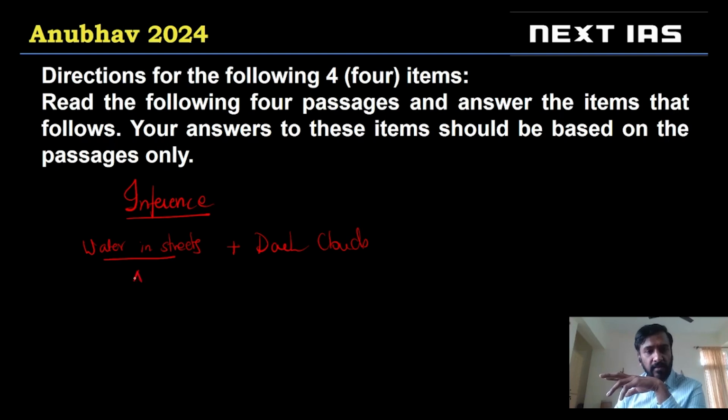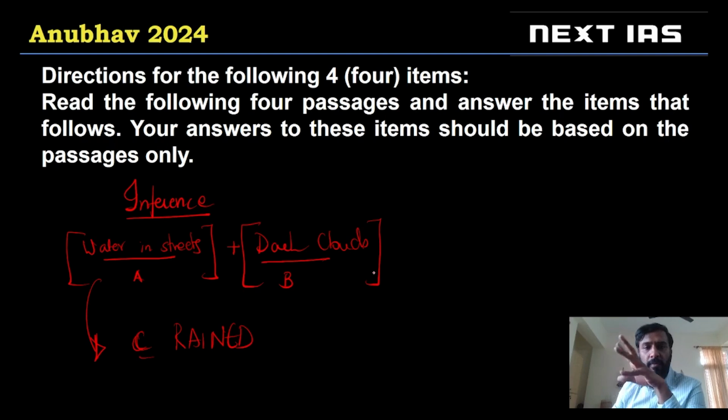These are two facts we see. So putting these two facts together, we can infer a new fact, or conclude a new fact, that it has rained. Fact C is it has rained. So an inference requires some piece of evidence, maybe one, maybe two, maybe three pieces of evidence, using which we reach a fresh conclusion.